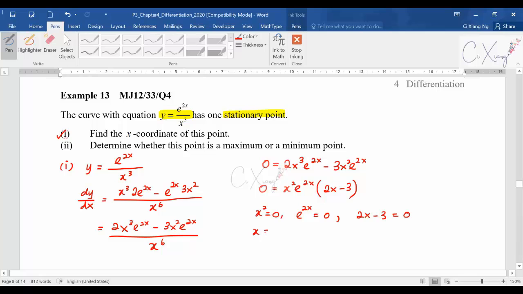Then you have x equals 0. This one, if you try to solve it, you can solve and you ignore. And then this one, you have x equals 3 over 2.